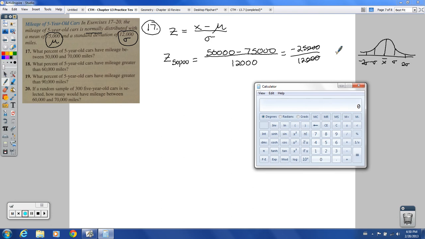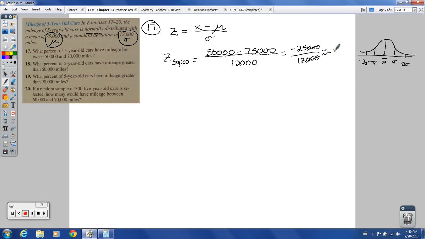I mean, we could do this with long division and whatnot, but I'd rather avoid that if I can. So we have 25 divided by 12, that's 2.083 approximately, so this would be negative 2.083. I'll keep it an exact number for now, so I'll get rid of that approximate symbol and put exactly equal to that instead.